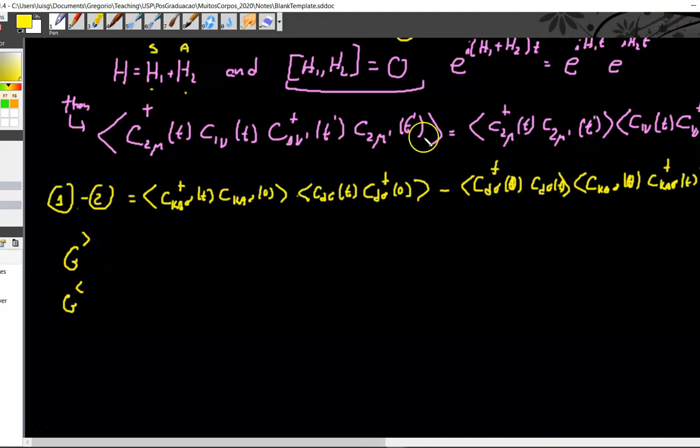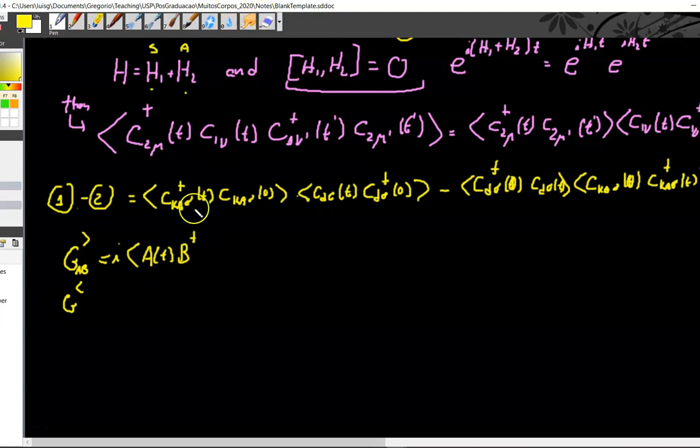Again, I'll try to remember to put a link here. The greater is minus i times the expected value, say the greater for A and B, is the expected value for A at T and B dagger, or A dagger if you want.